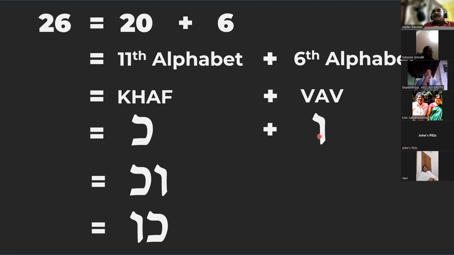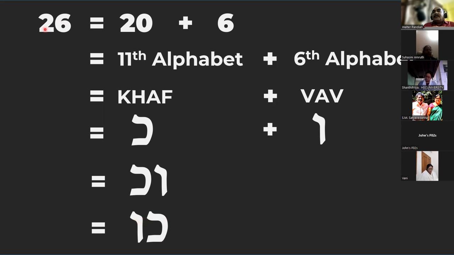Can you see the highlighter? Now Kaf and Vav together make 26. Hebrew needs to be written from right to left, so you have to reverse it. First you write Kaf, that is 20, and Vav, that is 6. So together it is 26.